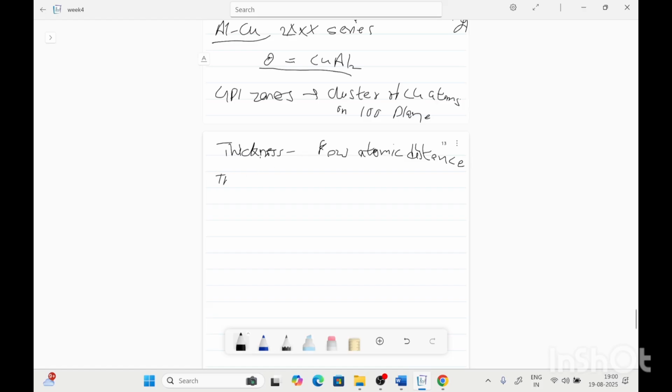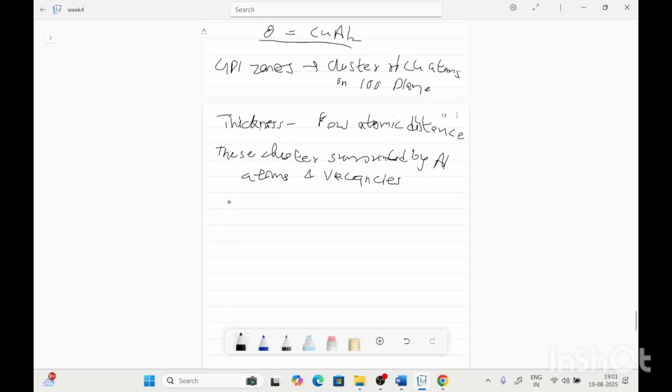These clusters are further surrounded by aluminum atoms and vacancies. Because of the presence of aluminum atoms and vacancies, the atoms will rearrange and form GP2 zones, and with aging the thickness of the GP1 zones increases, and reaches a constant size.